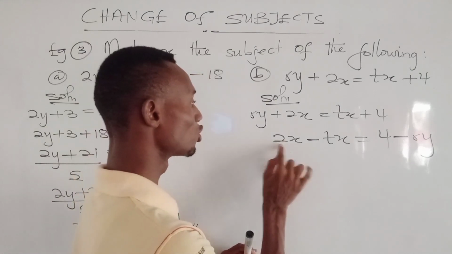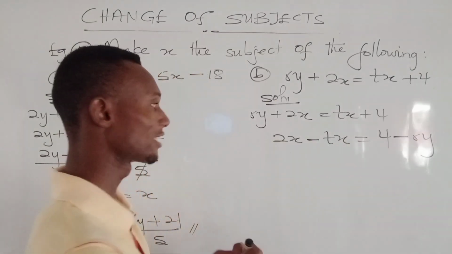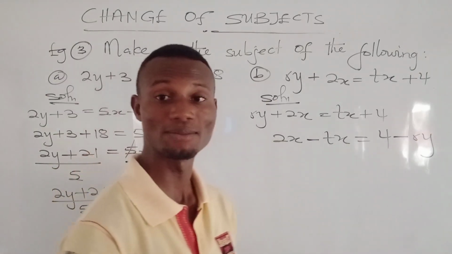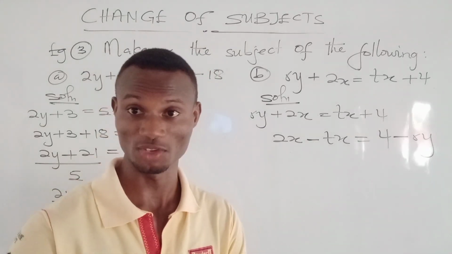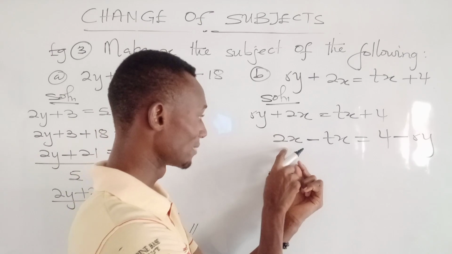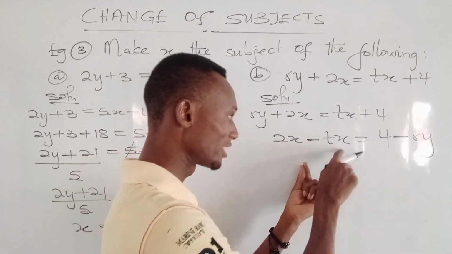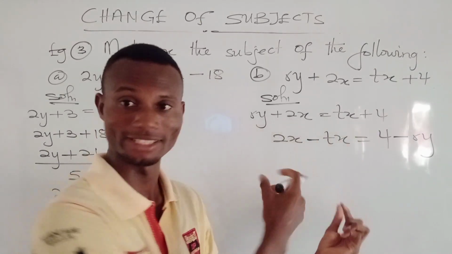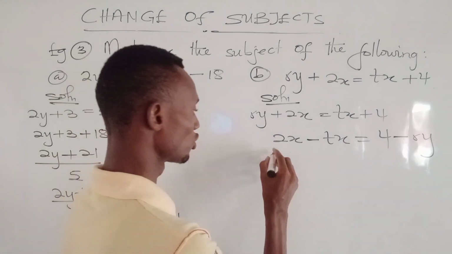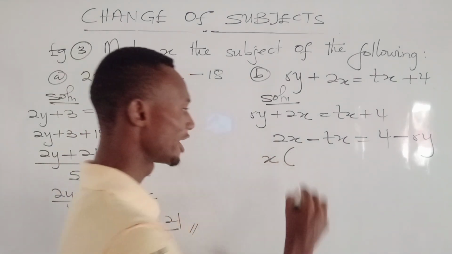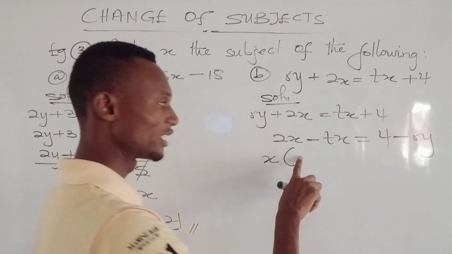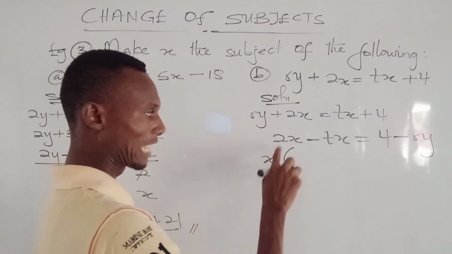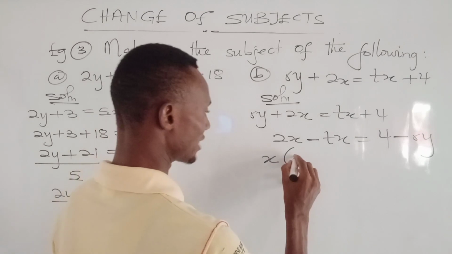So these 2s minus ts, let's factorize S out of them. Factorization means we are bringing the common things out, as I've taught you in the previous videos. This 2s and minus the ts, what is common to them is s, so we are going to bring the s out. So my s out, then you bring your bracket like this, then you ask yourself, what will I put here so that when I multiply it by the s, I'll get this 2s back, and that is 2.